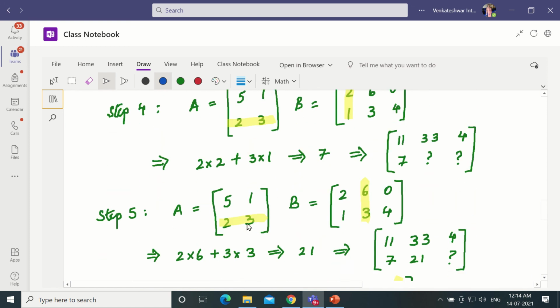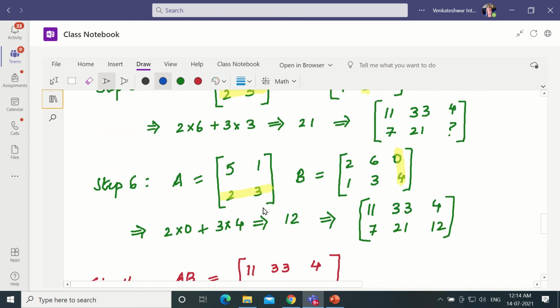Then in the next step, I again take the second row and multiply it with the second column. So I have 2 into 6 plus 3 into 3. So this becomes 21. And of course, now I have the last column left. So this is 2 into 0 plus 3 into 4. So this becomes 12 because 2 into 0 is 0. So now I get the last value also.